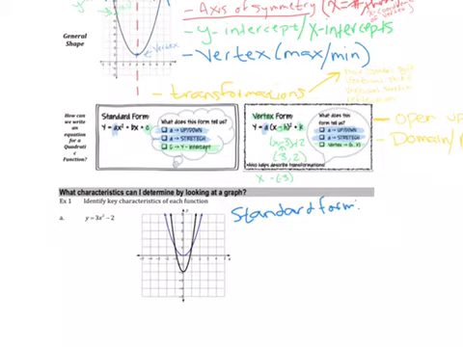Okay, standard form is going to look like y equals 3x squared, which is what it started out as. Notice in standard form we're going to have a b value in there, but there is no b value in this equation, so we can assume that it would be 0x. We can assume that b is 0.